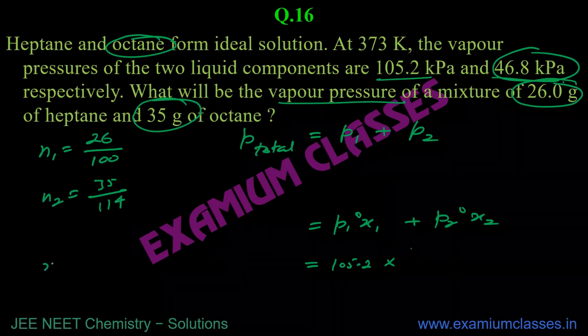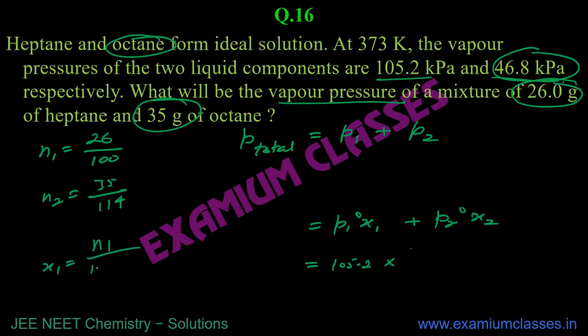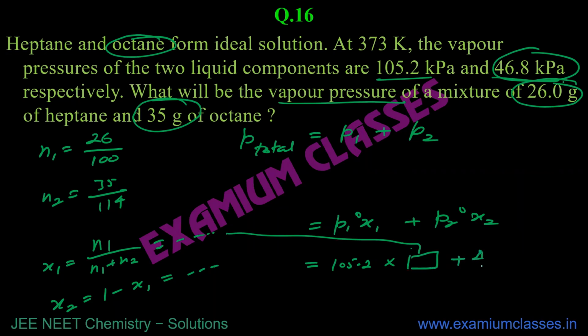From here you will write X1 as N1 divided by N1 plus N2, and then you can calculate X2 as 1 minus X1. Okay, so you will get X1, you will get X2. Substitute those values here, and you will get the answer.